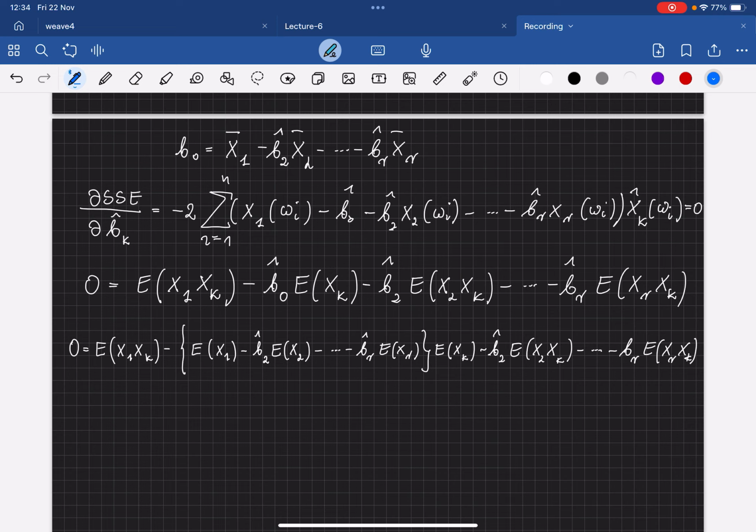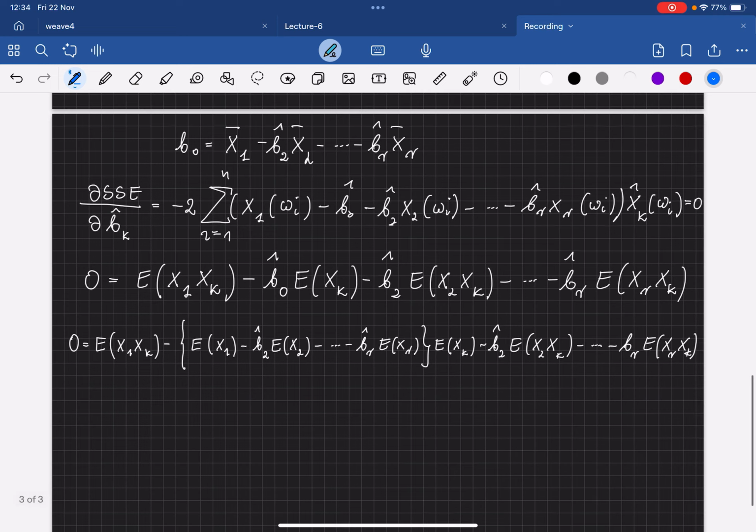So for example, let us note that taking this thing and this thing, we get a covariance of variables x1 and xk. So let us write it in blue: covariance of x1 xk.